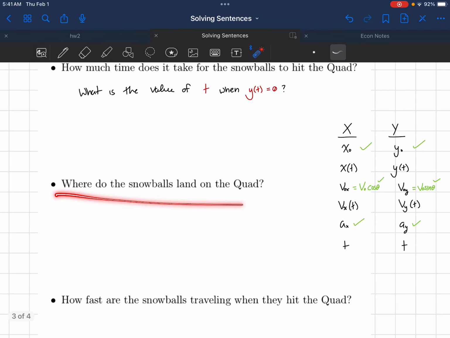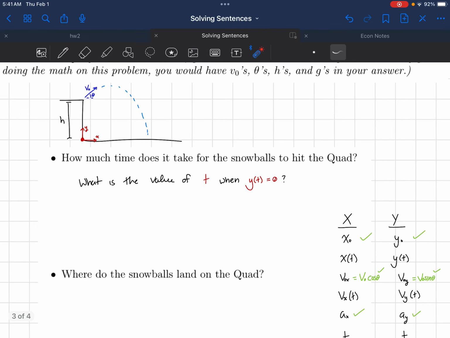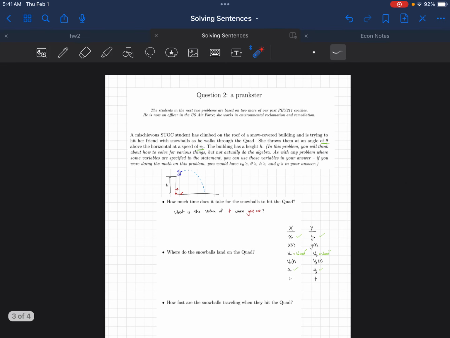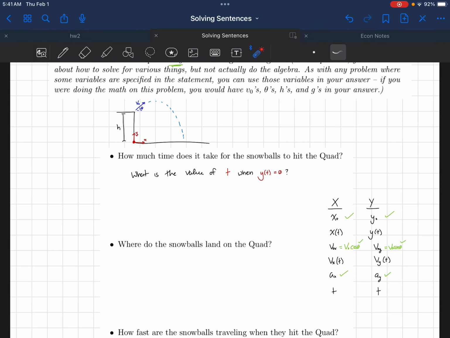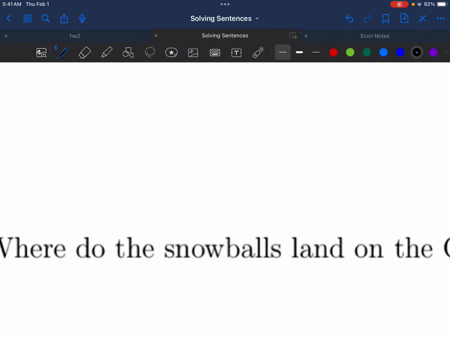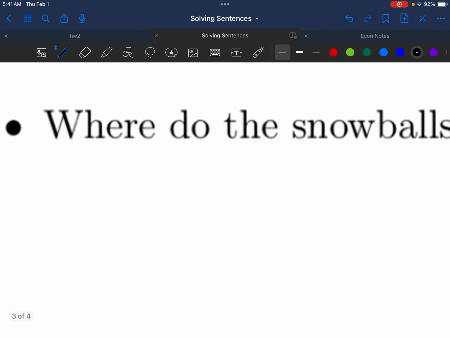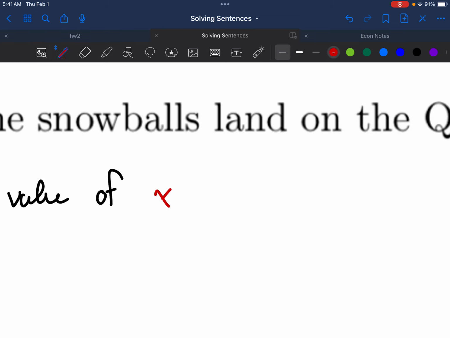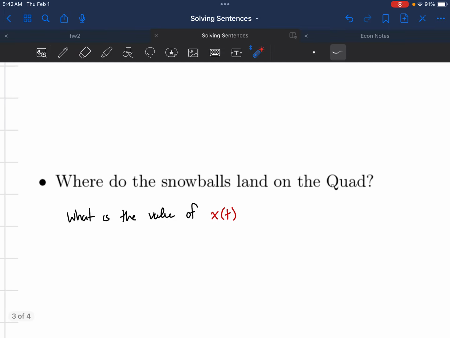Now when we're asked where do the snowballs land on the quad, that would be the same way as when I was asked where the boot lands on the other side of the river. My where, I would define with x of t. So the beginning of my sentence is what is the value of x of t, which defines where the snowballs land.